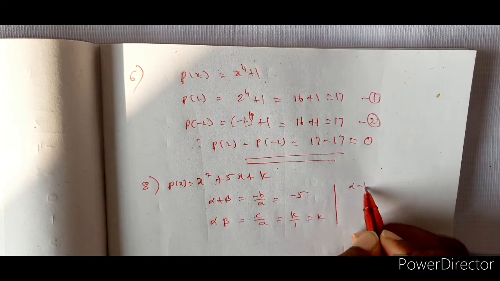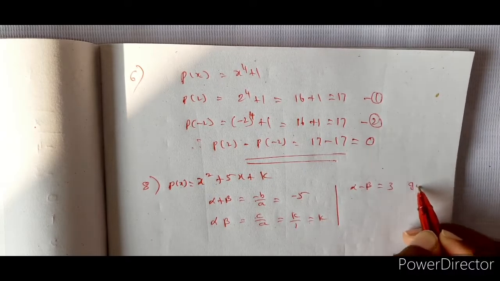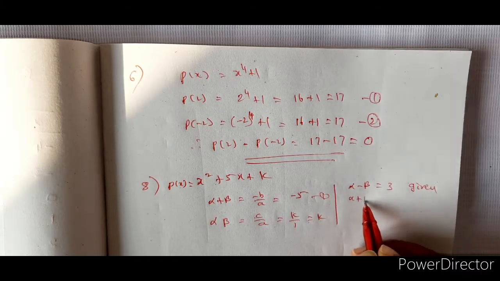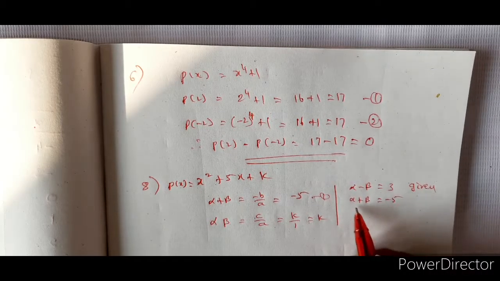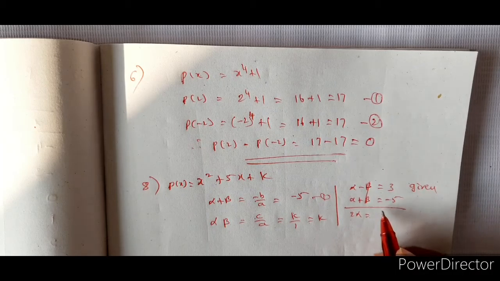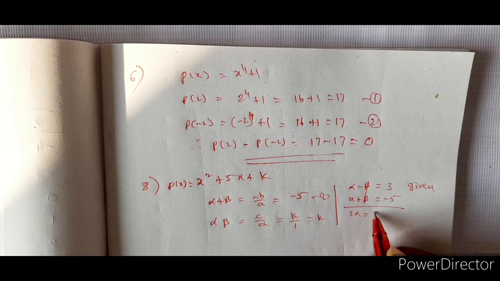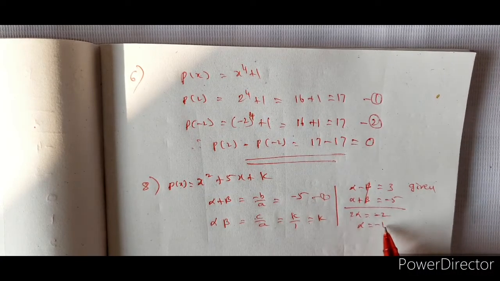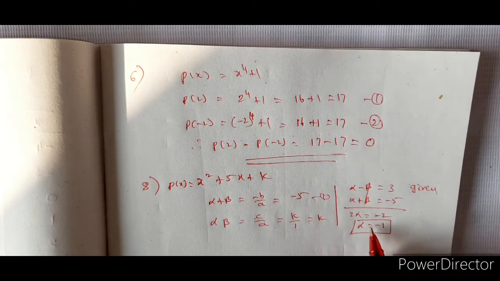But alpha minus beta is equal to 3 is given. Now from equation 1 you have alpha plus beta is equal to minus 5. Adding and eliminating beta, 2 alpha is equal to minus 5 plus 3. So 2 alpha is minus 2, alpha is equal to minus 1. So you have come to know the value of alpha.